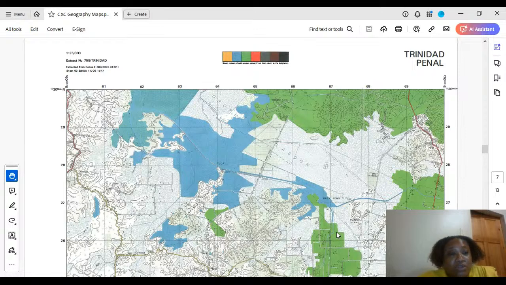Or they can be general and just say describe the vegetation. Natural, specifically, you're referring to your naturally occurring vegetation, like your forests, your mangroves, right? Savannas, woodlands, and you look to see where they are located.